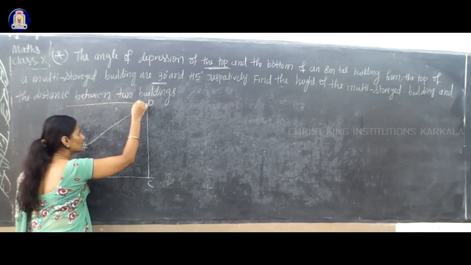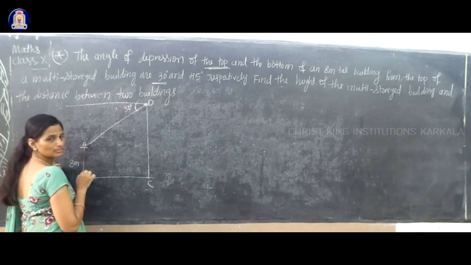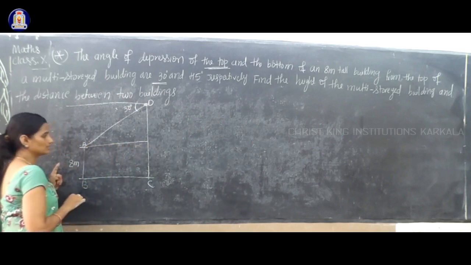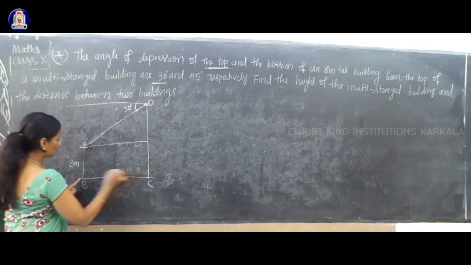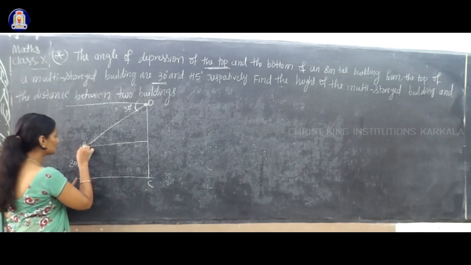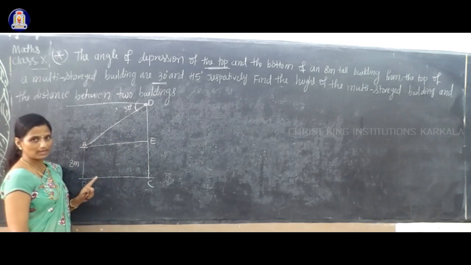This is the horizontal line. So this angle is how much here? It is equal to 30 degree. Clear? Now I will complete this one. So that means BC is the distance between the two buildings. BC is the distance between two buildings, means this AE is also the distance between those two buildings.